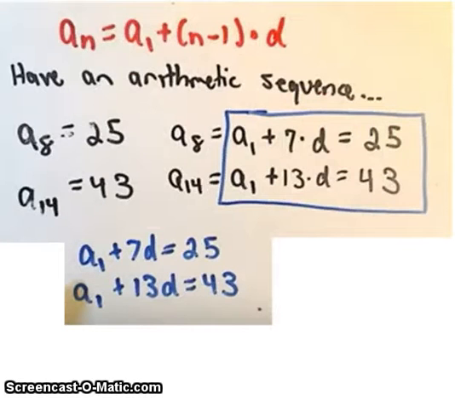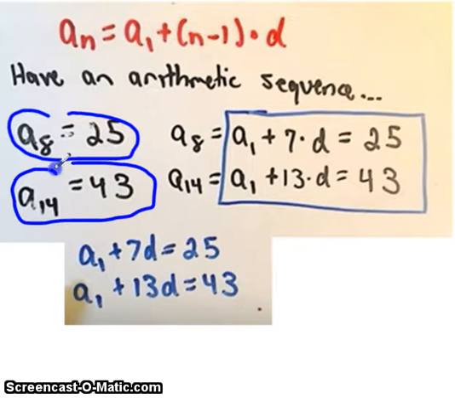What if we were told that we had an arithmetic sequence, but we're not given the sequence and we need to generate it? But we are told two things about it. We are told that the 8th term is 25 and the 14th term is 43.